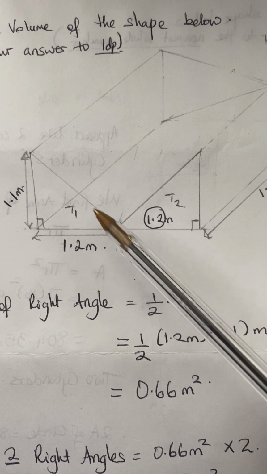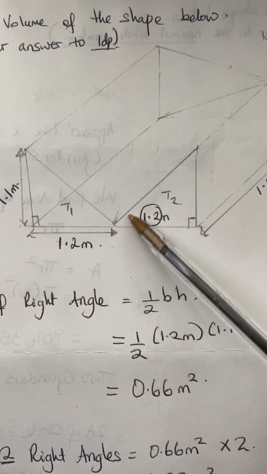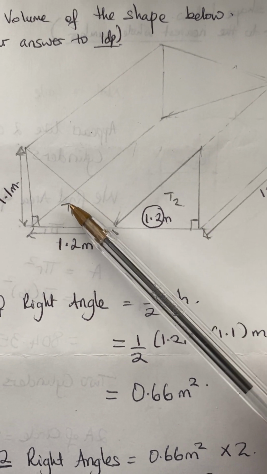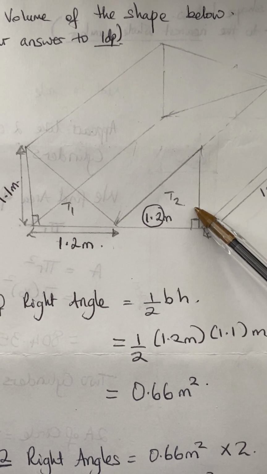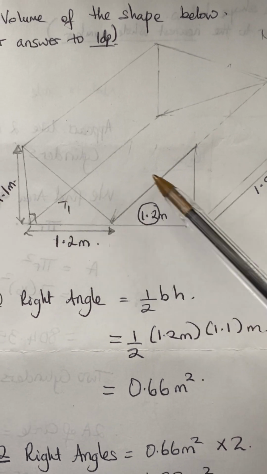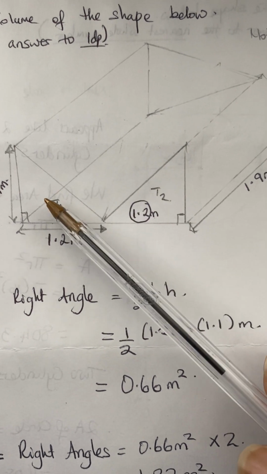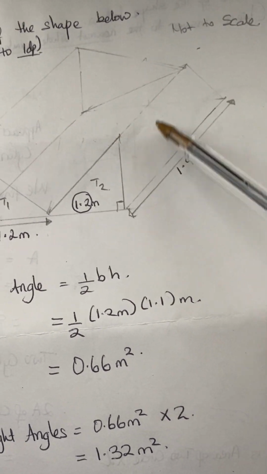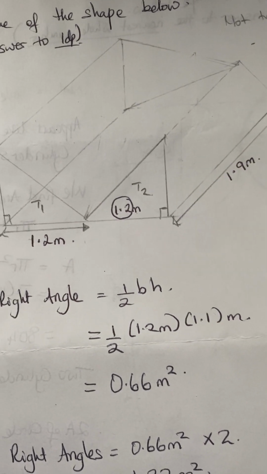But if I want to find this part and I just see it as M, I won't be able to figure it out. I can see this as a triangle and a triangle. They are similar triangles, so the area of this should be equal to the area of this. After I've found one area, I multiply by the length which has been given here, 1.9 meters.